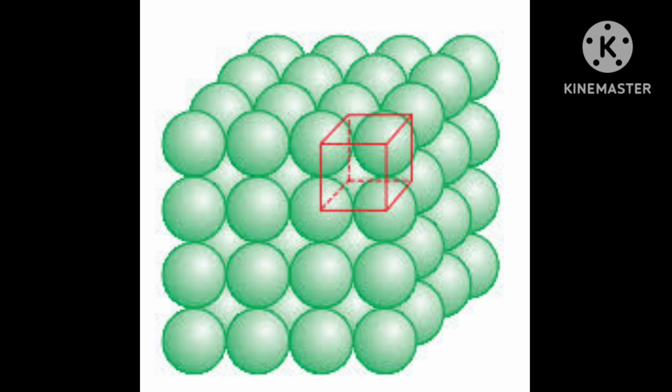The lattice thus generated is the simple cubic lattice, and its unit cell is the primitive cubic unit cell.